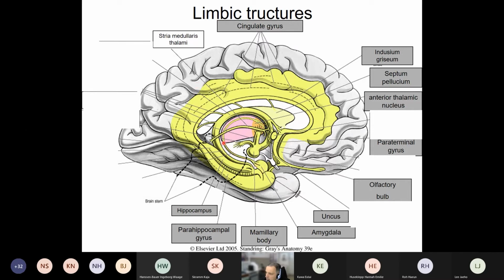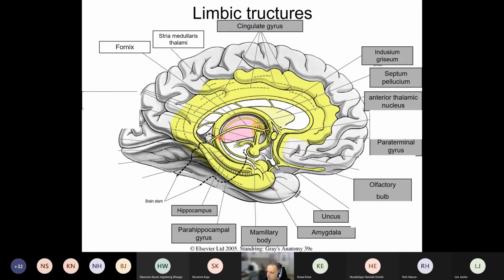The amygdala is connected with the hypothalamus, and some fibers will also connect the hippocampus with the mammillary body, and from these tracts some nerve fibers will exit, and they will contribute to the formation of the stria medullaris of the thalamus.